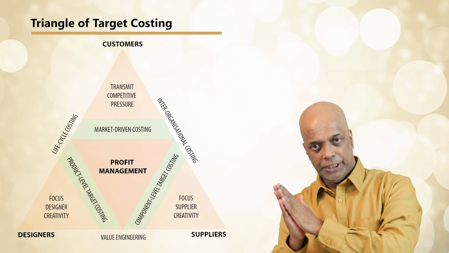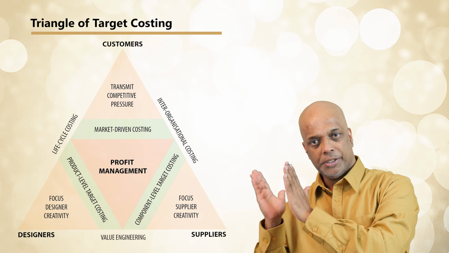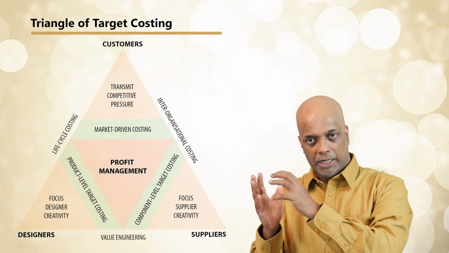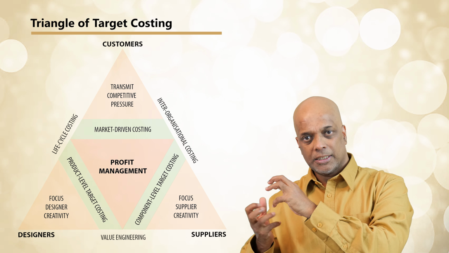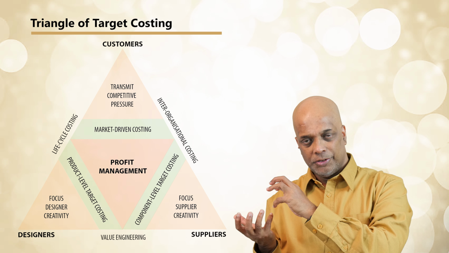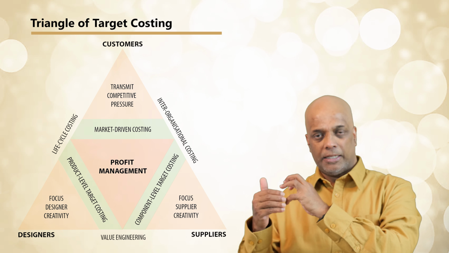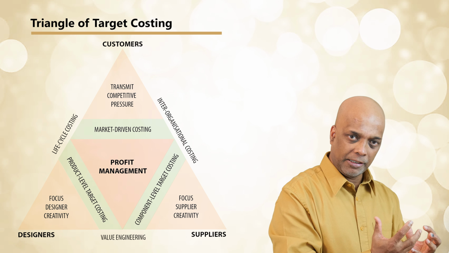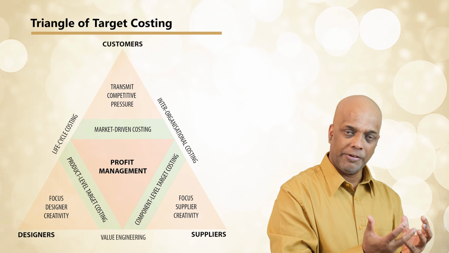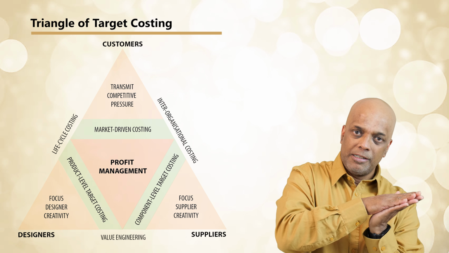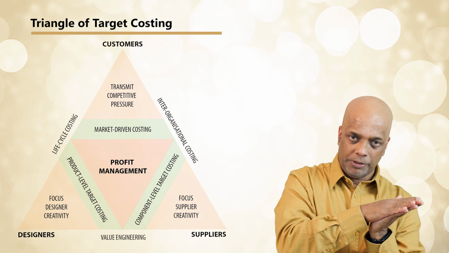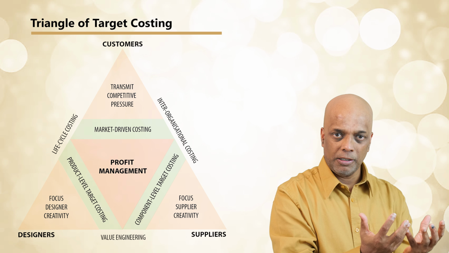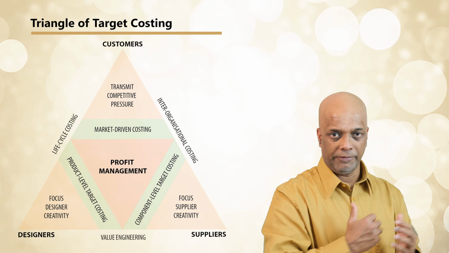The second frontier is component-level target cost, where the focus is to create supplier creativity or creative connection between supplier and the firm. And the third frontier is the product designing, process designing, where product-level target costs are to be achieved by focusing on the designer creativity.